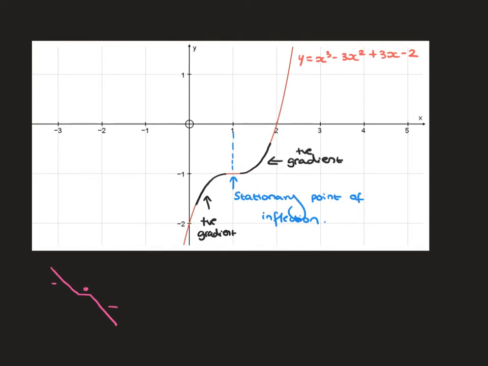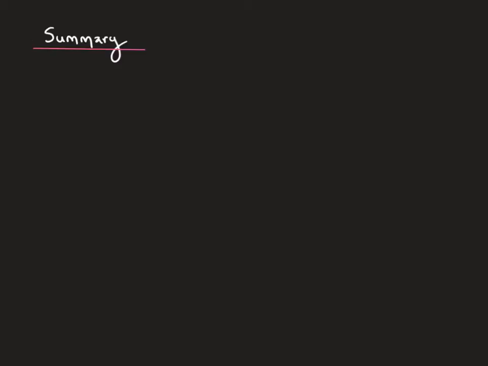So let's summarise everything we know so far. We know that if dy by dx is equal to 0 for a curve, this tells us that we have a stationary point.